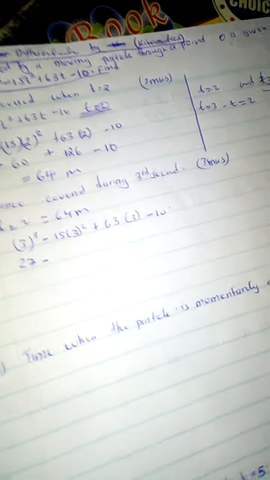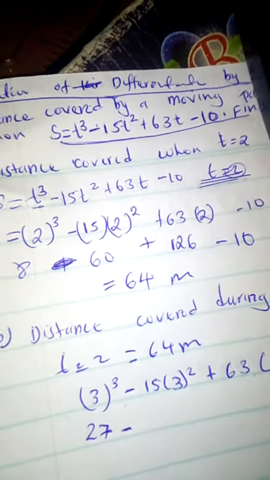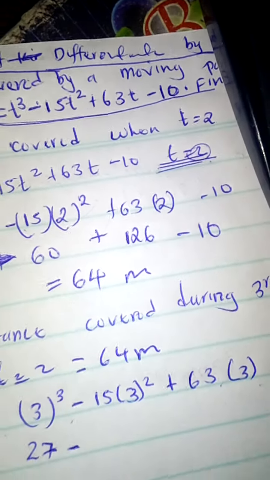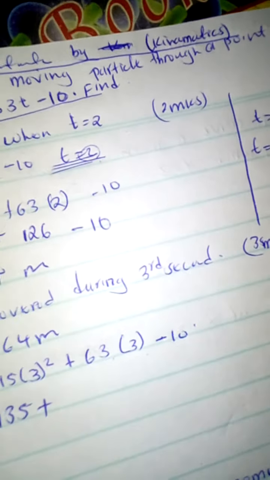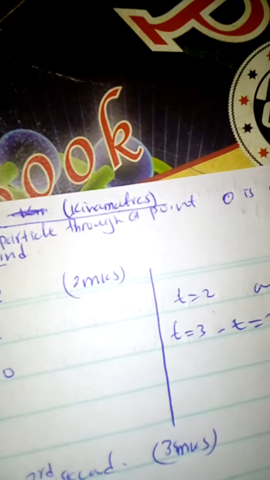If you look at this, this is 27, minus 15 by 9, that is minus 135, plus 63 by 3, that is 189, minus 10.